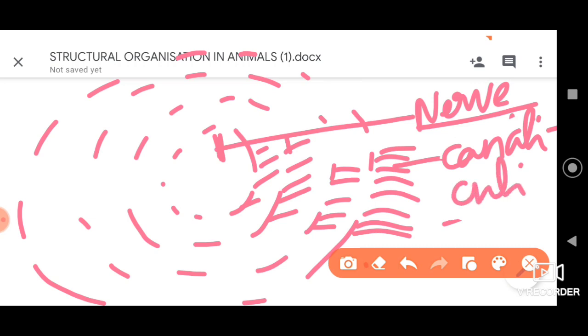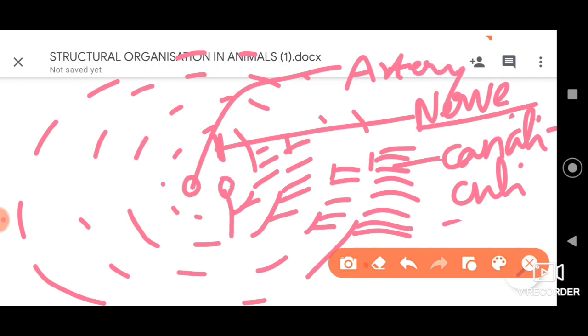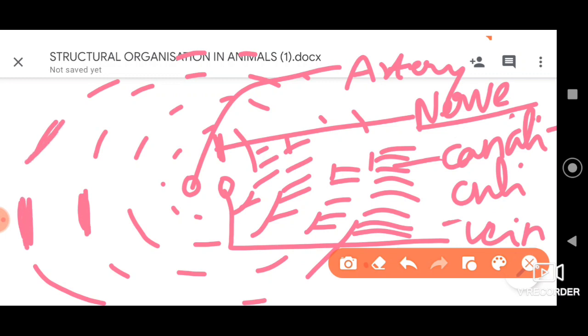Then, dear students, I said they also have arteries. So this is the artery, and they have a vein as well. So this is the vein. And I also said they have the bone cells. These are generally, you can make it dark, generally it looks like this.